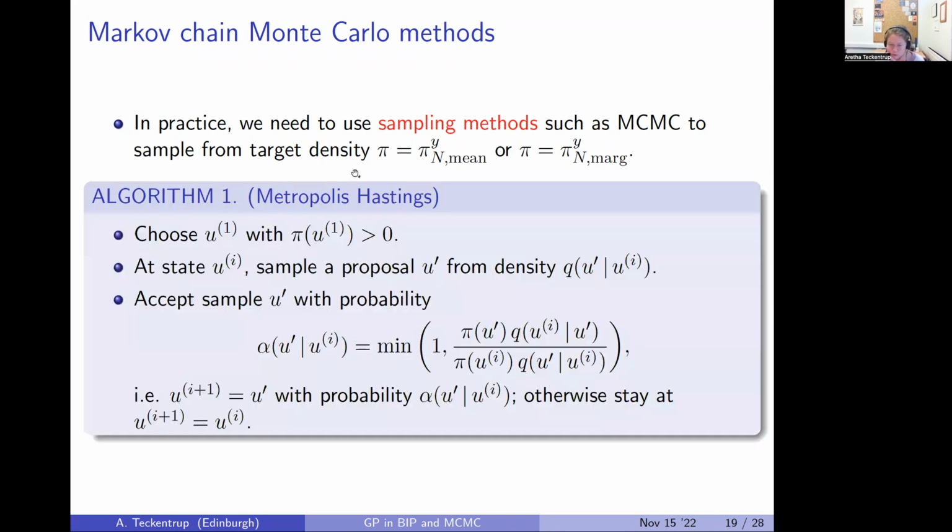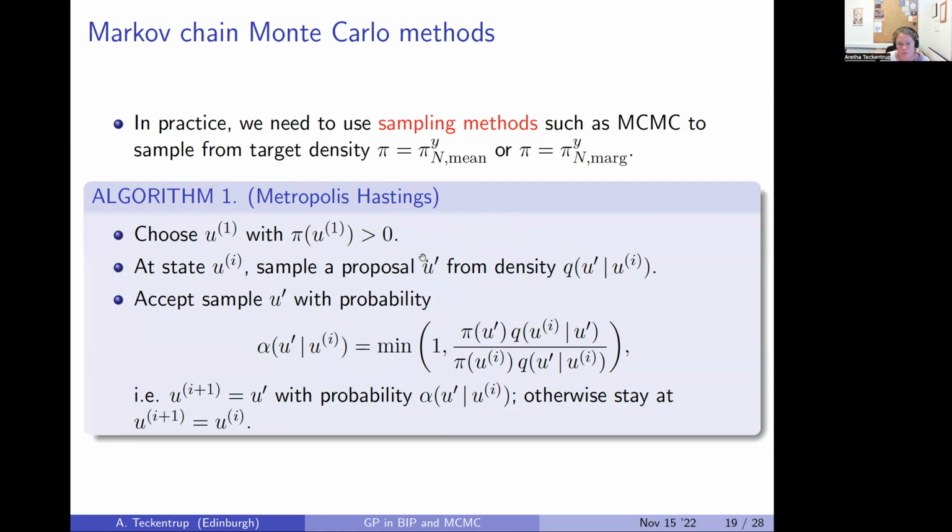Typically, you would use something like Markov chain Monte Carlo, so this Metropolis Hastings algorithm, which I think many of you will have seen before. This is just an algorithm for producing samples from a target density, which is called pi, which in our case would either be the mean-based posterior approximation or the marginal posterior approximation.